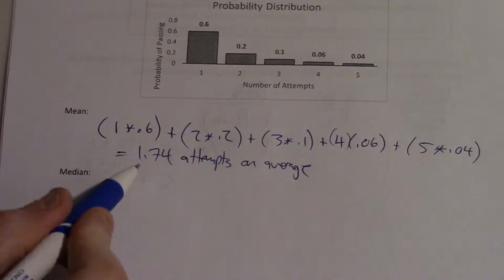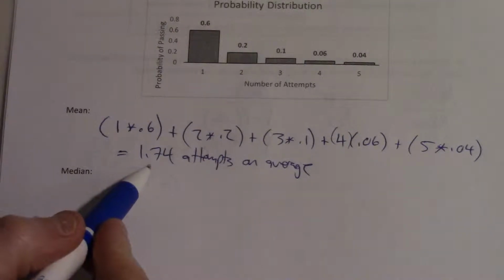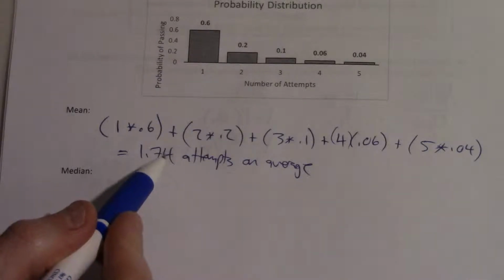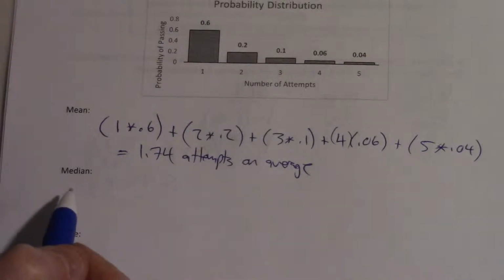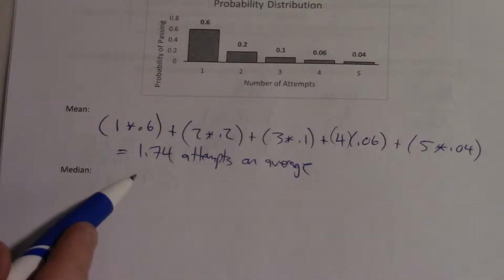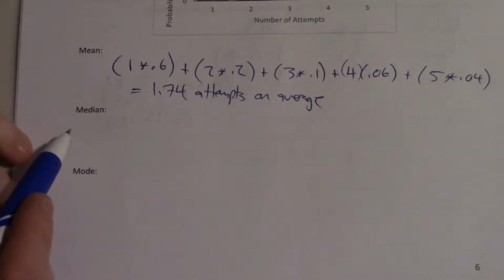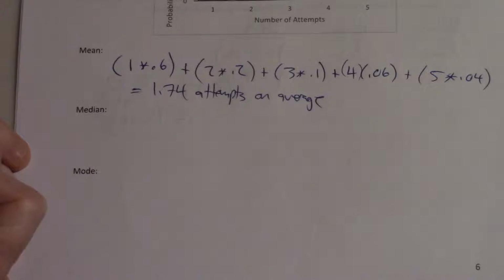The way that you interpret this is that some people require 1 attempt, other people require more than 1, and it evens out, it averages out at 1.74. It doesn't have to be an actual observable value. Now the median and the mode do have to be an observed value. They do have to be one of the values of your variable.